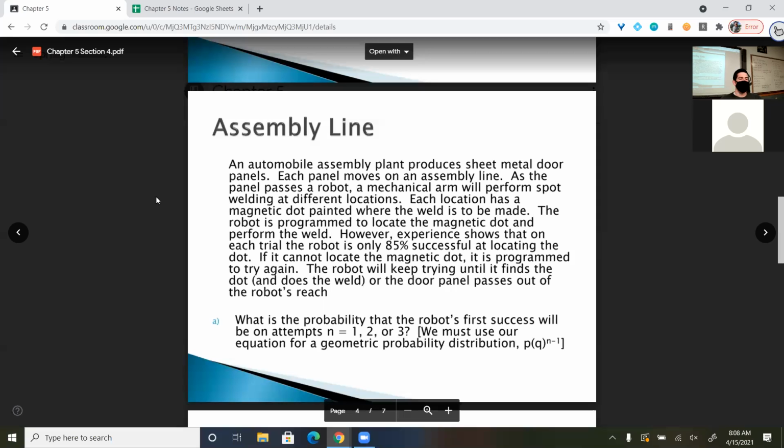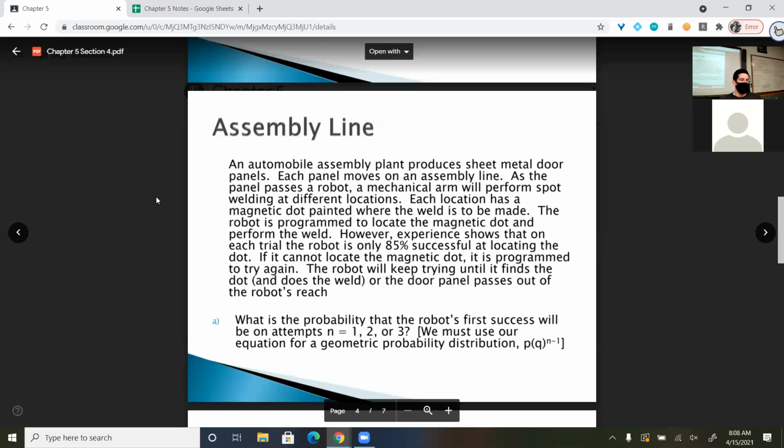So they want to have enough of a chance or enough time to give this robotic arm a chance to make the weld, but not too much time that you're wasting money. Because the more time you give this robotic arm, the less doors you can produce. The less doors you produce, the less money you're making. If you don't give it enough time, then you're going to have more defects and recall, and that's also not good. So you have to find what is that middle ground.